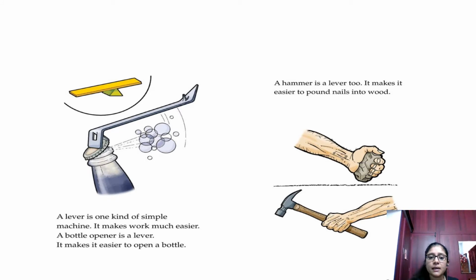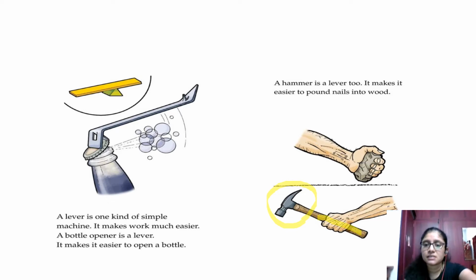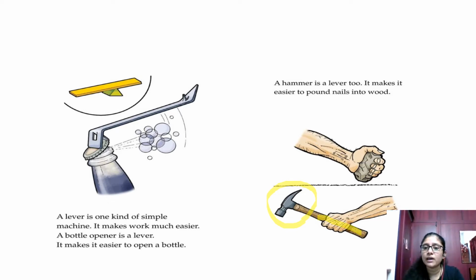You can see it in the picture here. Clearly you can see this is the head of the hammer, and this is the handle. This person has held the handle, where the force is applied. But the energy is getting passed here.